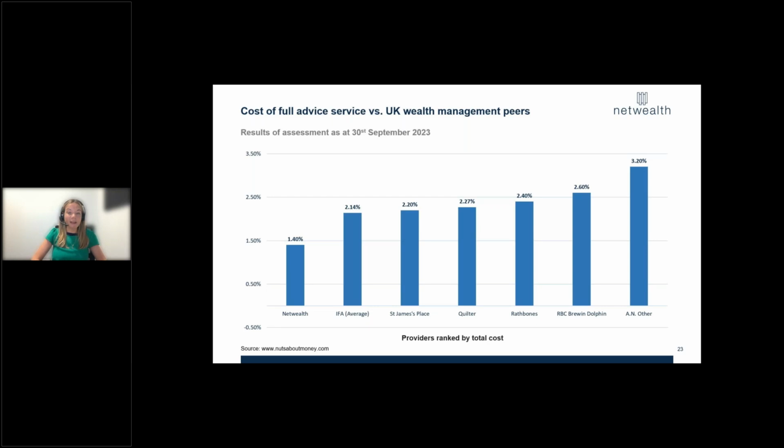The closest competitor is the average IFA, which we can see is around 2.14%, with the likes of Rathbones and Brewin Dolphin towards the right-hand side of the chart being considerably more. And as Lily's already shown you with the impact of fees, it has a significant effect on your take-home return, so it is really important that you're mindful of it.